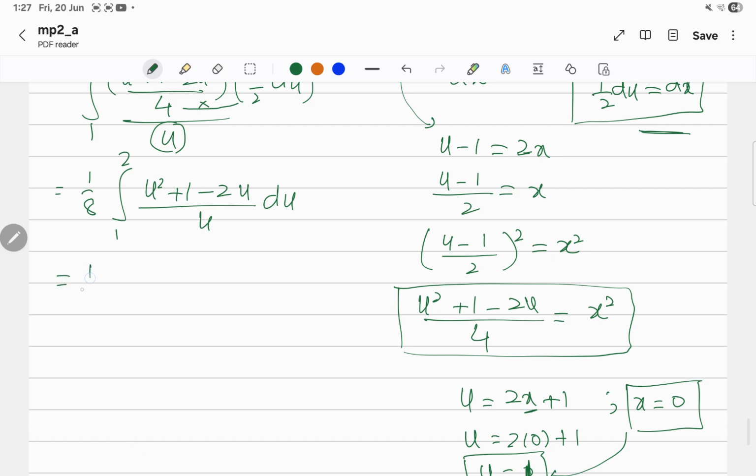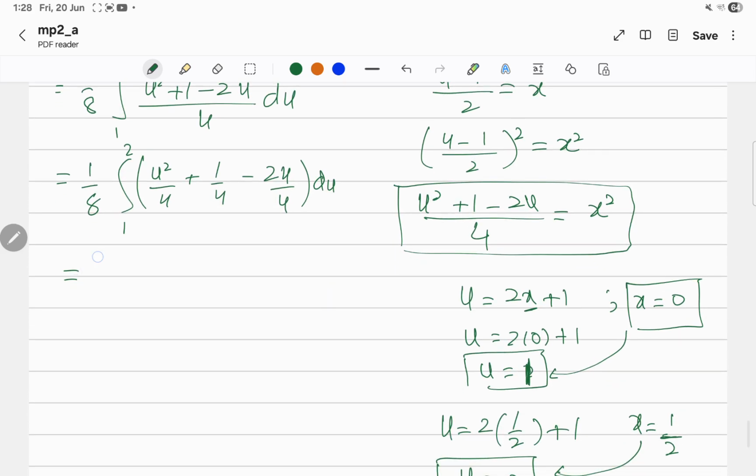So we can split by our LCM, which is u, for the integral with limits 1 to 2. If you split it, it will be u square over u plus 1 over u minus 2u over u du. Further simplifying, it will be 1 over 8, limits 1 to 2, u square divided by u is u, plus 1 over u, minus 2u over u, the u cancels out, so you're left with minus 2 du.